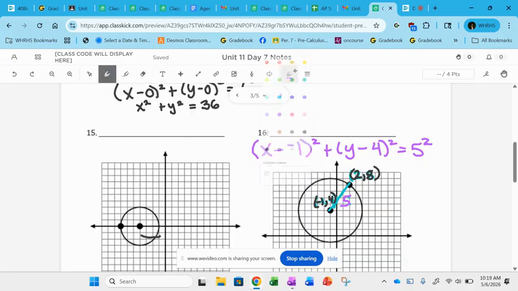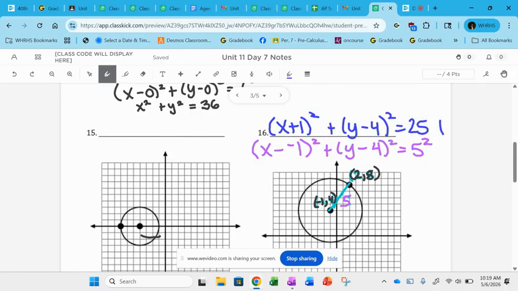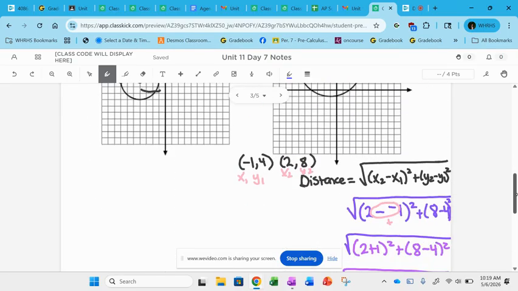So my final answer is going to be x plus 1 squared plus y minus 4 squared equals 25. So that distance formula that we learned way back when came back into play now.